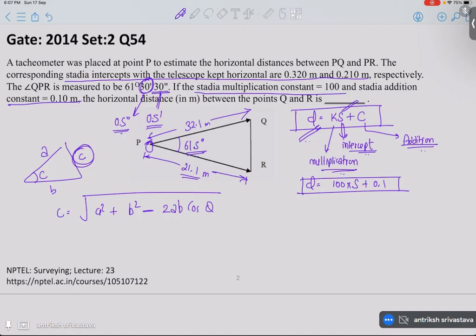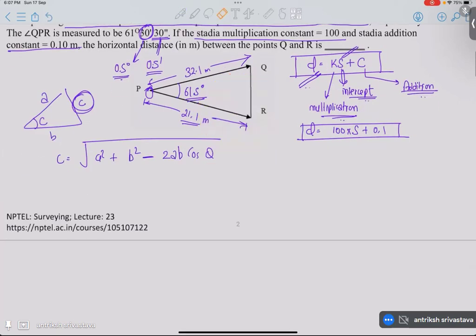Okay, no issues. I'll keep it as a question mark, and I'll also tell you if you forget in the exam. Let's see how we can guess. Okay, someone is here.